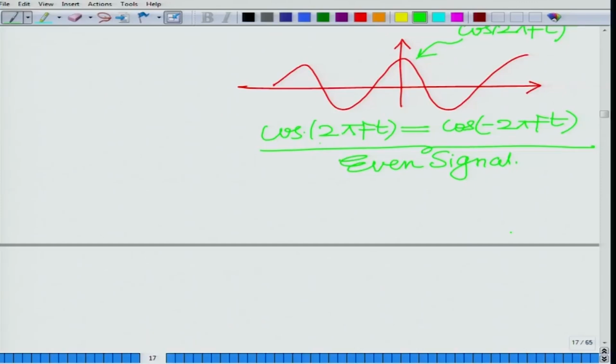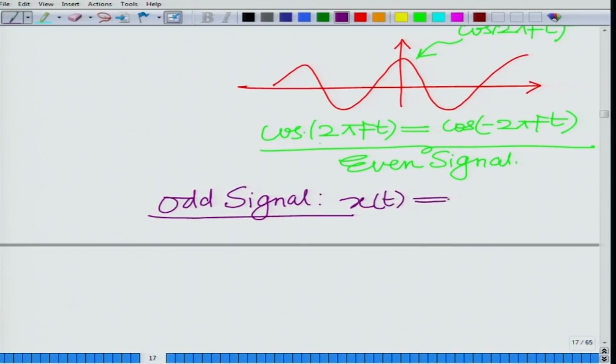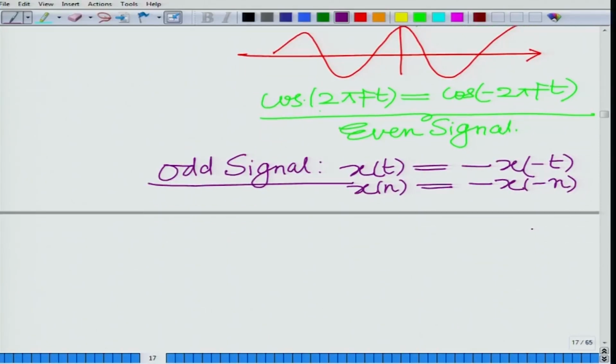On the other hand, an odd signal satisfies x(t) equals minus x(-t), or x(n) equals minus x(-n). Okay, or I am sorry, x(-t) equals minus x(t).